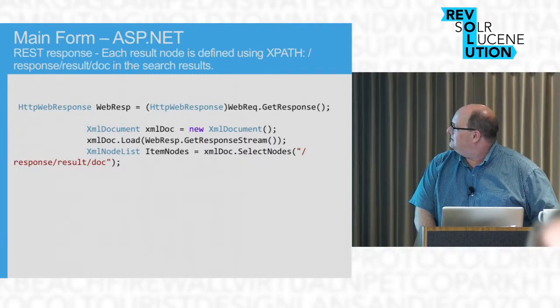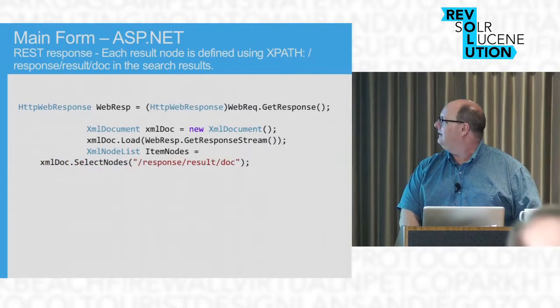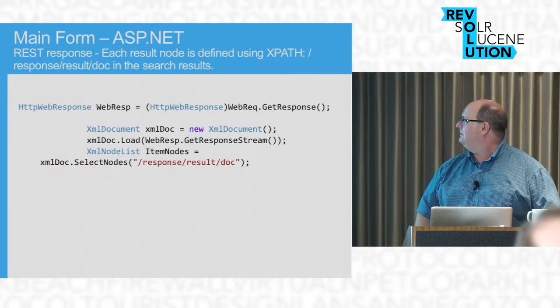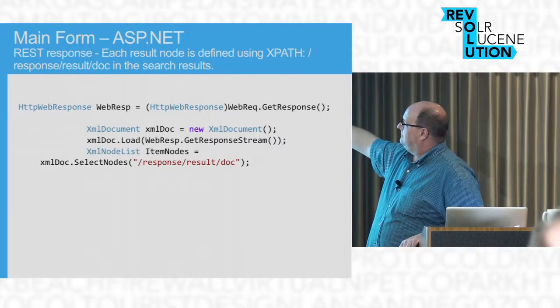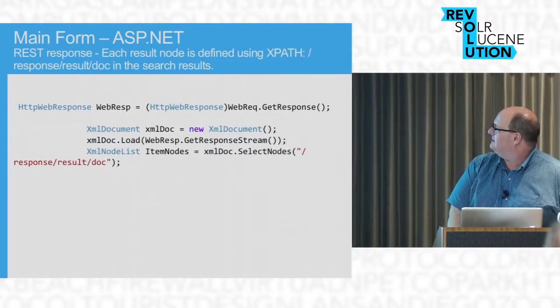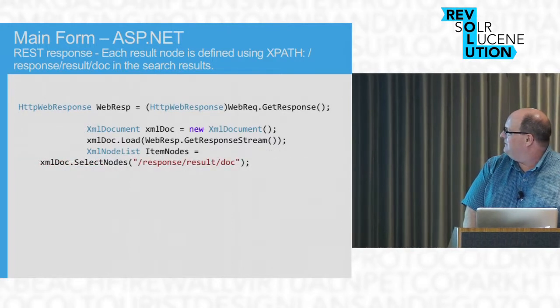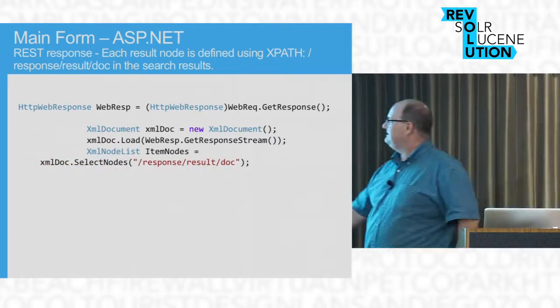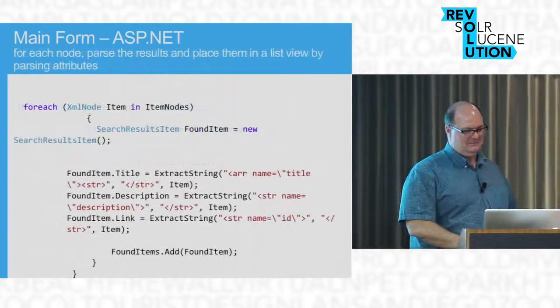The response just goes and grabs the response. It once again returns it in JSON, and the response itself is organized. No, I'm sorry. Actually, this isn't JSON. This is XML. So this time we're using XML to retrieve the data. These are the nodes that display the results.